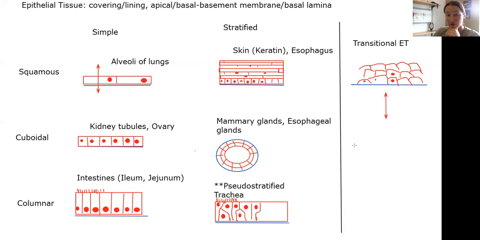Essentially, this type of tissue is used to line structures that stretch out a lot, right? So things like the urinary bladder. Okay, so sometimes it's empty-ish. Other times you just had a big gulp and it's super full, right?